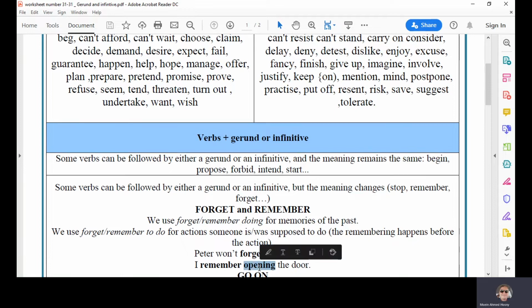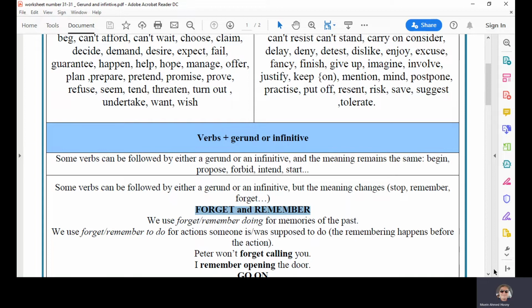I remember opening the door. So I opened the door and I remembered doing this. Peter won't forget to call you. He will not forget that he will call you. Okay? So this is the difference when using the infinitive and the gerund when speaking about remember and forget.